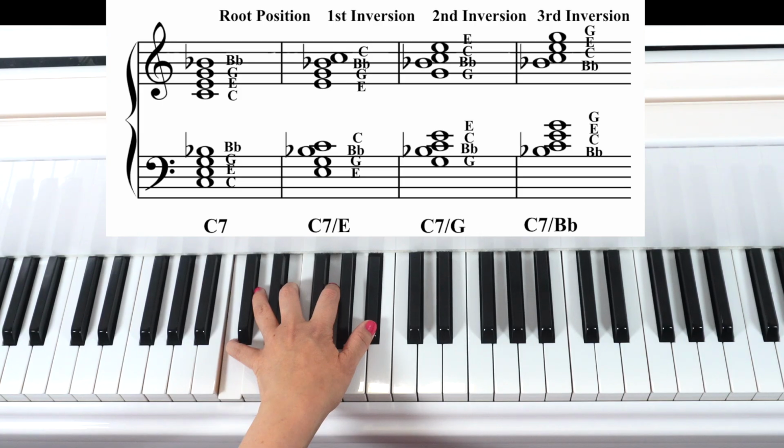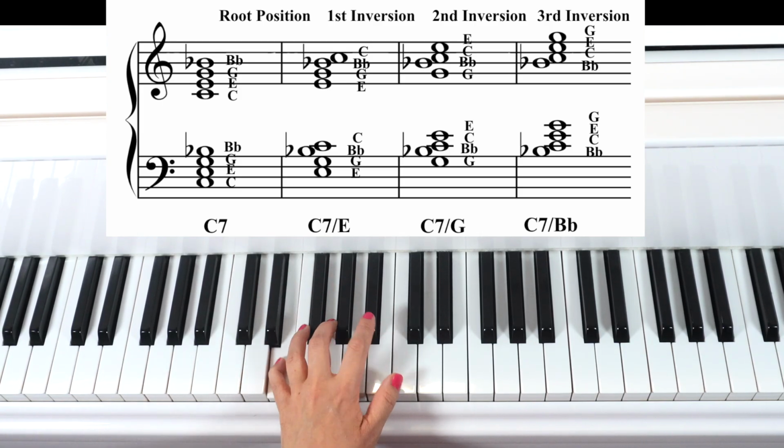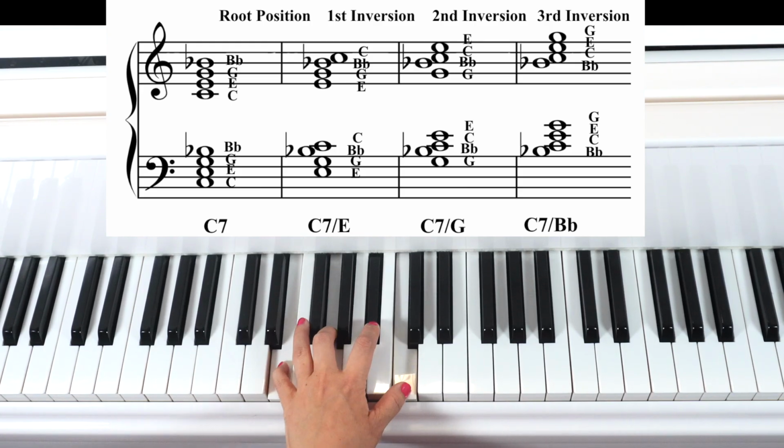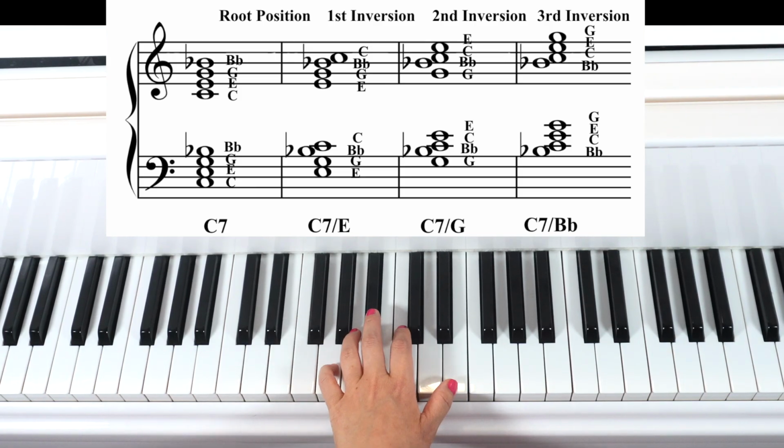If we want to play first inversion, we move this C an octave up, so that E is our bottom note, E, G, B flat, C. First inversion. Second inversion, you move this E an octave up, so G is the bottom note, so G, B flat, C, E. Okay, so that's second inversion.